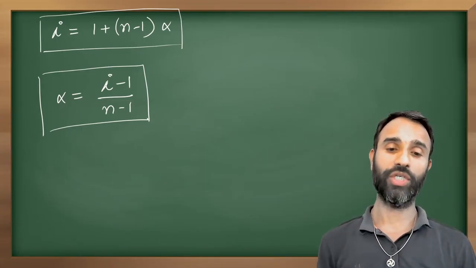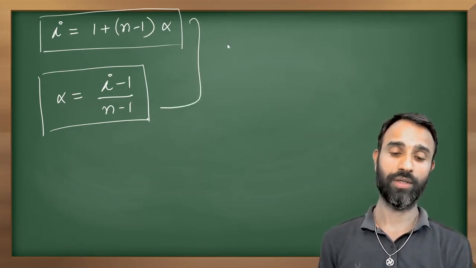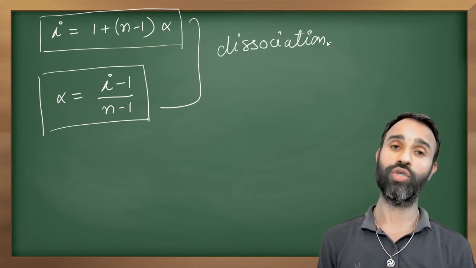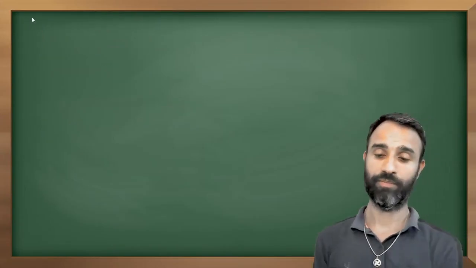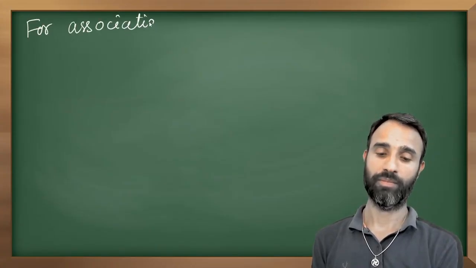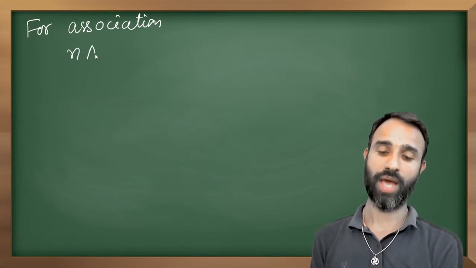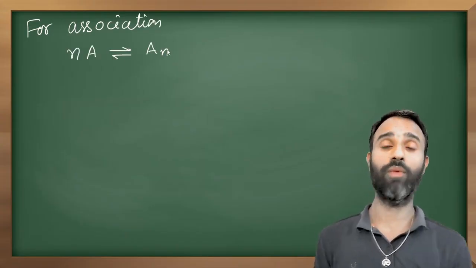Now association. These two equations are for dissociation. Now for association. Let's say n particles associate together to give An.